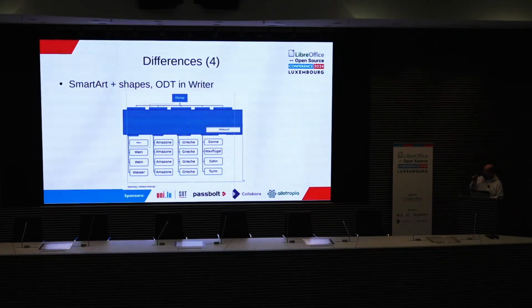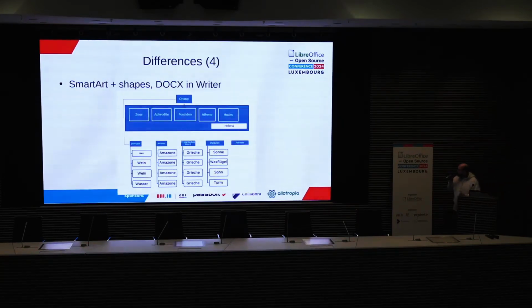What else can we do here? Maybe open the original file in Writer. Docx in Writer, horrible thing. Looks like the blue background is in its place. Helena is in its place.